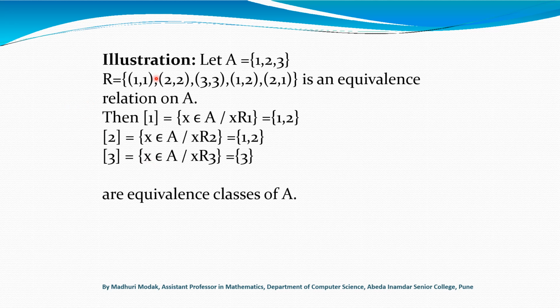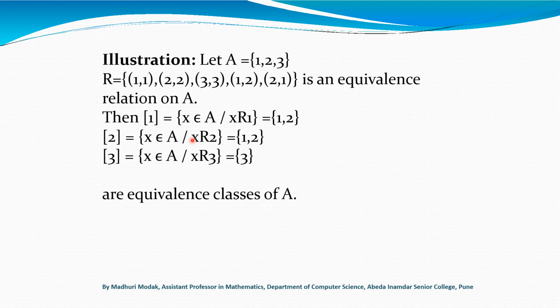Now see which members of A are related to 3. It means 3 must be the second element of a pair. Here 3 is related to 3, so no other element of A is related to 3. So the equivalence class of 3 contains only the element 3. In this way, for every element of that set, we can decide its equivalence class.